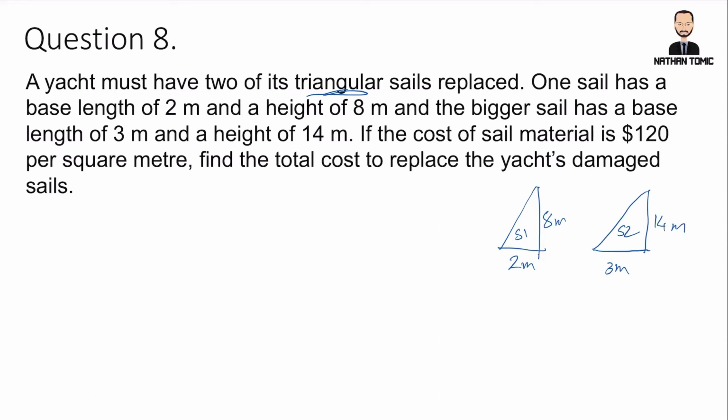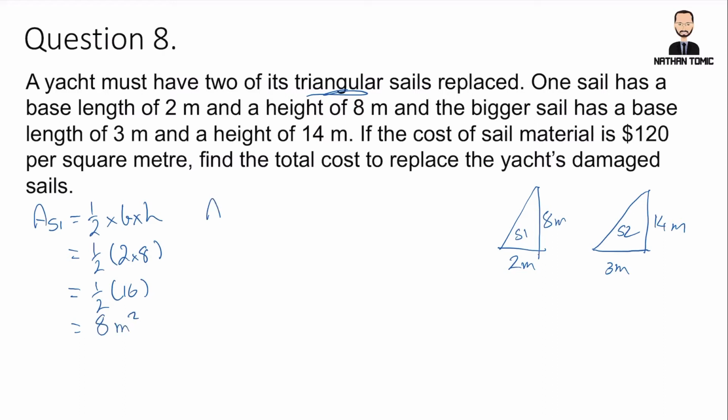Okay, so the first thing we need to find is the area of both of these. The area of sail 1 is equal to half times the base times the height, which is equal to half times 2 times 8, which is half of 16, which is equal to 8 meters squared.